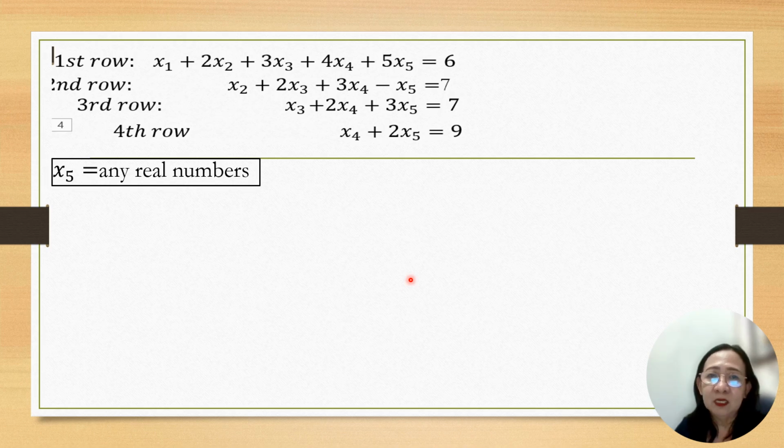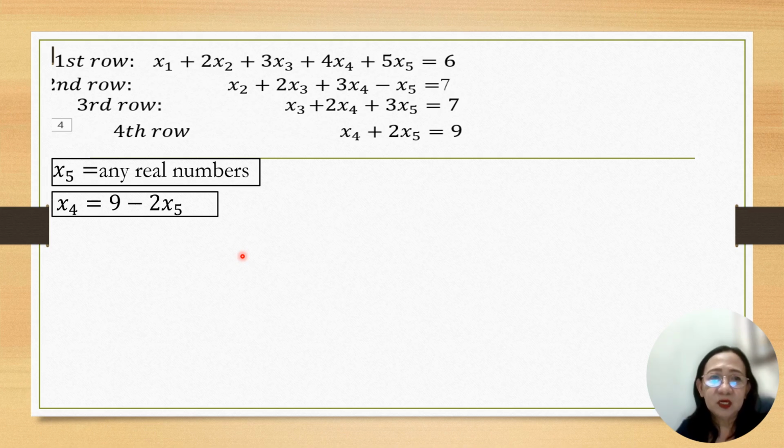So kulang na yung ating rows for x sub 5. So since we already have 4 rows, we're going to set x sub 5 as any real number. And then, as I've said, if we're going to add both sides by a negative 2x sub 5, this is eliminated. So x sub 4 is 9 minus 2x sub 5.